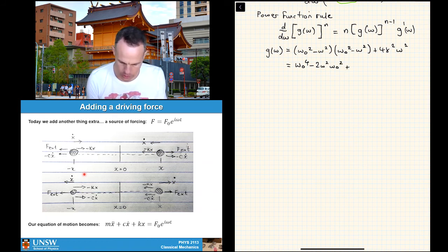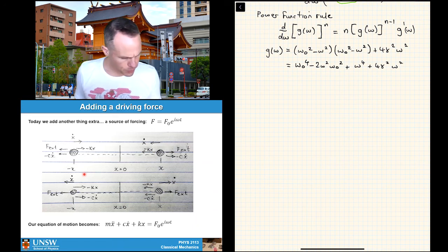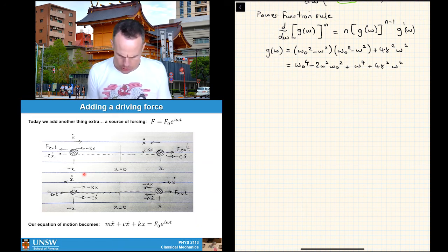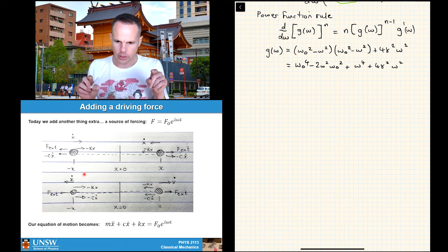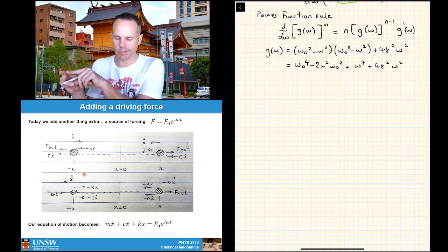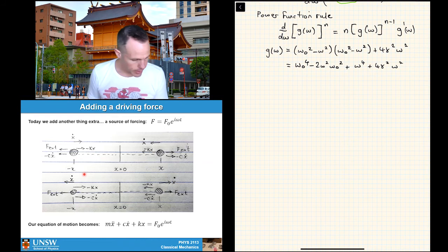Plus the last term here, omega to the power of 4, plus 4 gamma squared omega squared, okay? And then, of course, you'll notice that there's some terms in omega squared, some terms in omega to the power of 4, and some terms in omega to the power of 0, which is 1, right?